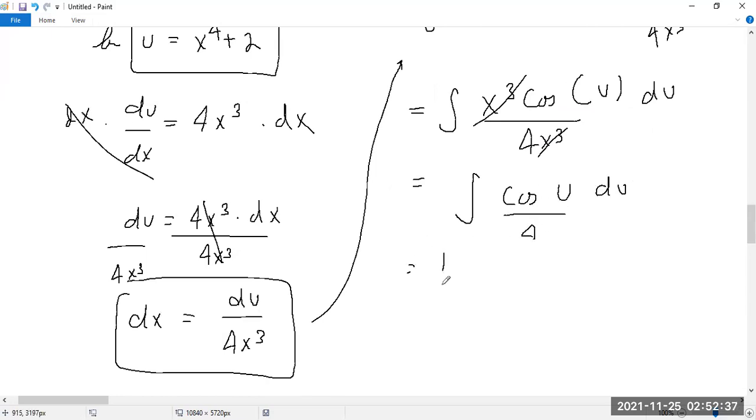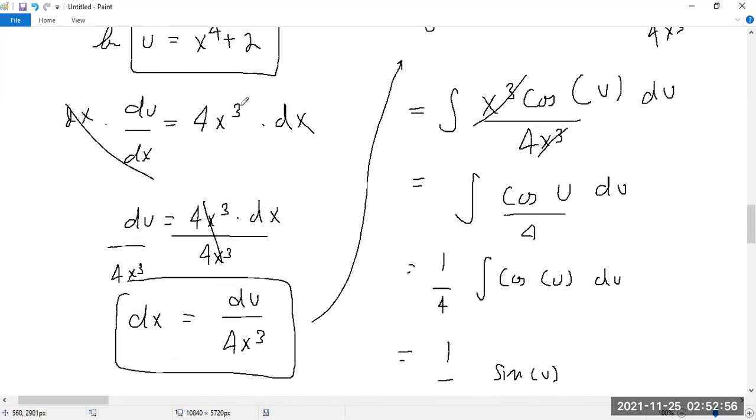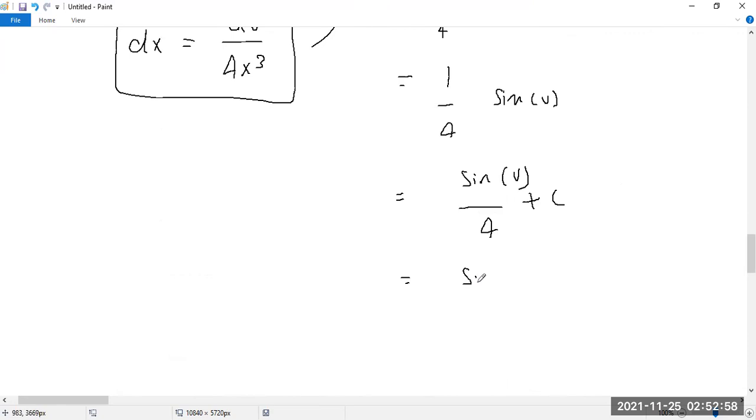I can say that this is 1 over 4 times the integral of cosine of u du, which is equal to 1 over 4 sine of u, which is sine of u over 4 plus c. The u in question was x to the 4th plus 2, so this is sine of x to the 4th plus 2, over 4 plus c.